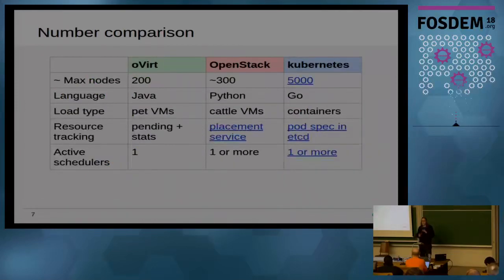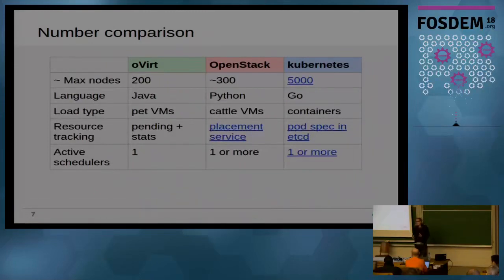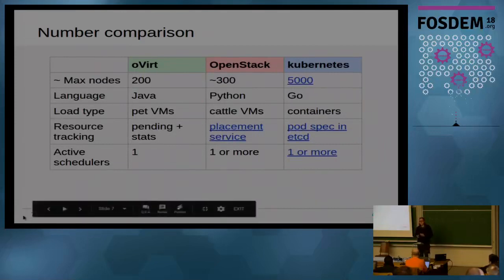So, for example, oVirt and OpenStack both support low hundreds of processes. That's the official number from documentation. Kubernetes claims to support 5,000. It's a bit more, like 10, more, but it actually didn't affect the algorithm too much. It will still be pretty similar.